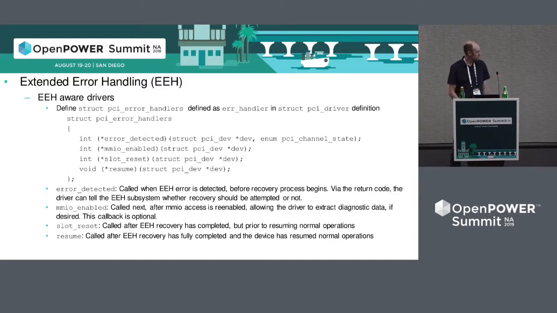Then the slot reset one gets called after the EEH recovery has completed, but prior to resuming normal operations. Typically error detected and slot reset are the ones most commonly implemented. Then resume gets called after recovery is all done and everything's back, and IO is able to get sent again.